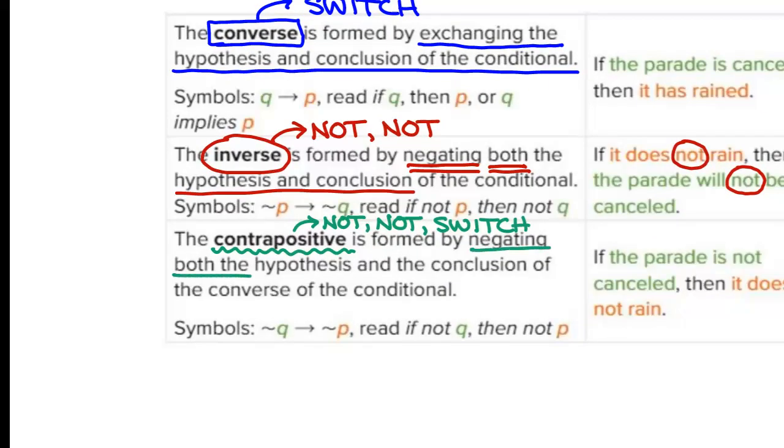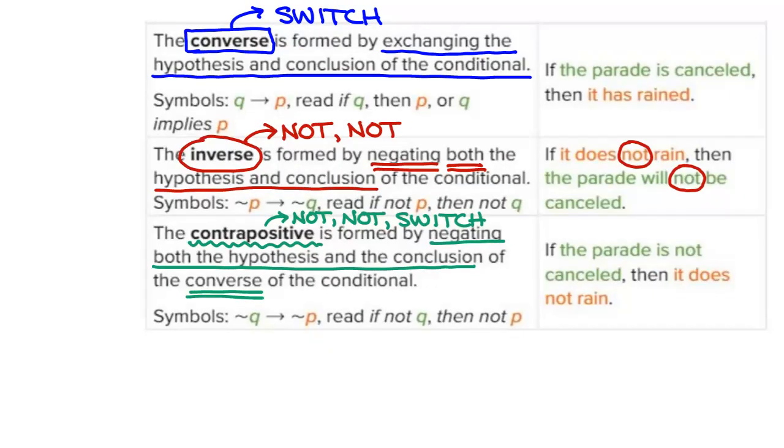So we negate both the hypothesis and the conclusion of the converse. All right. So I want to try our hand at these. So again, inverse is not. Converse is to switch. Contrapositive, we do both.